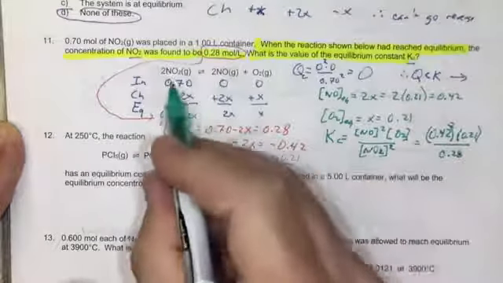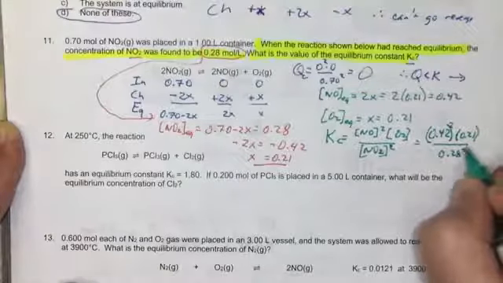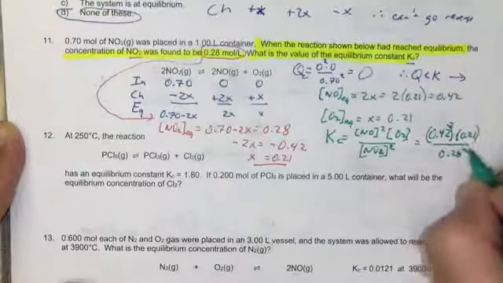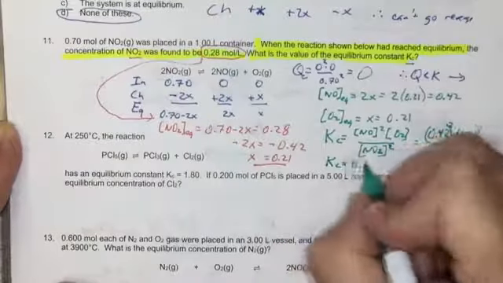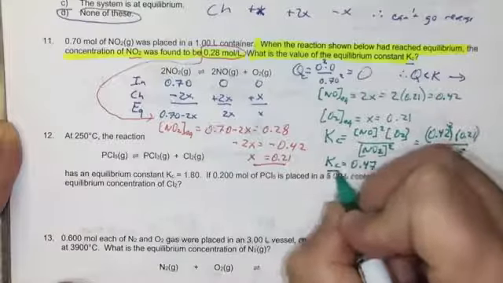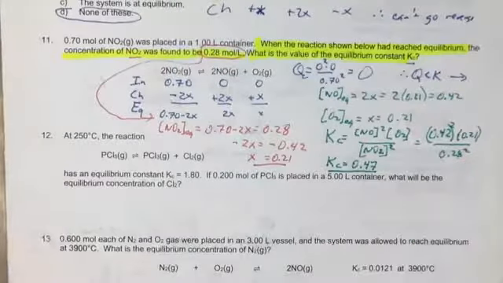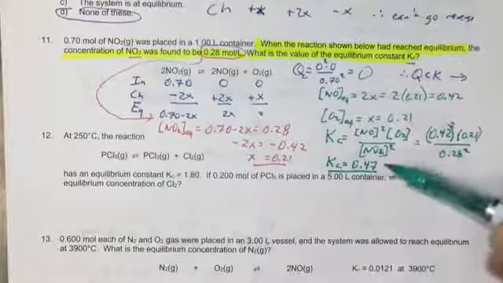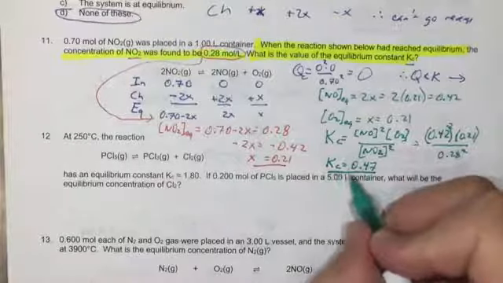And we have to square it because the coefficient of 2 is here. And so when you calculate that out, Kc is equal to 0.47. Remember that equilibrium constants do not have units. So this is a dimensionless term. There's no units. Kc is equal to 0.47.